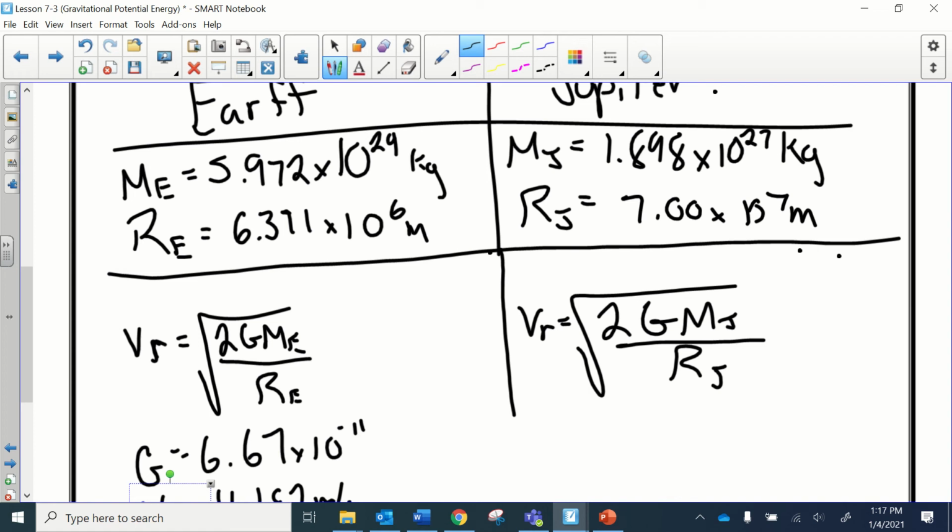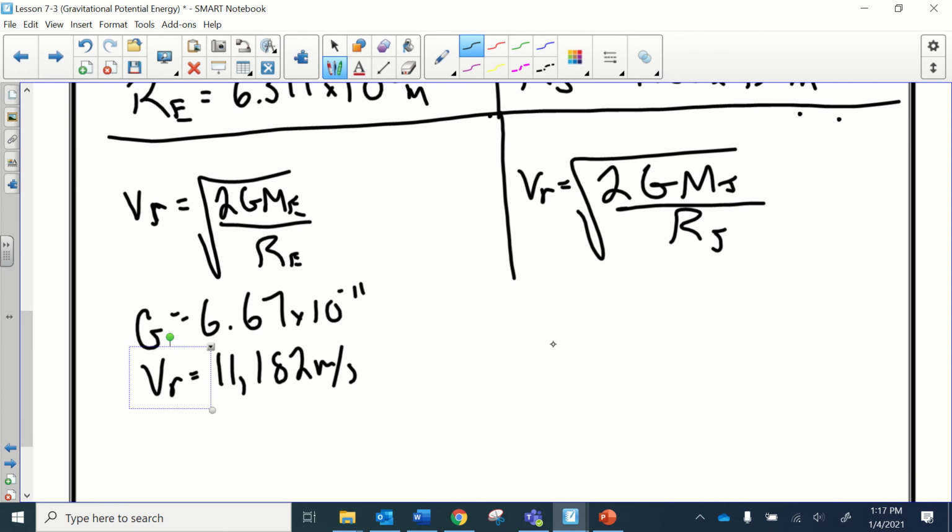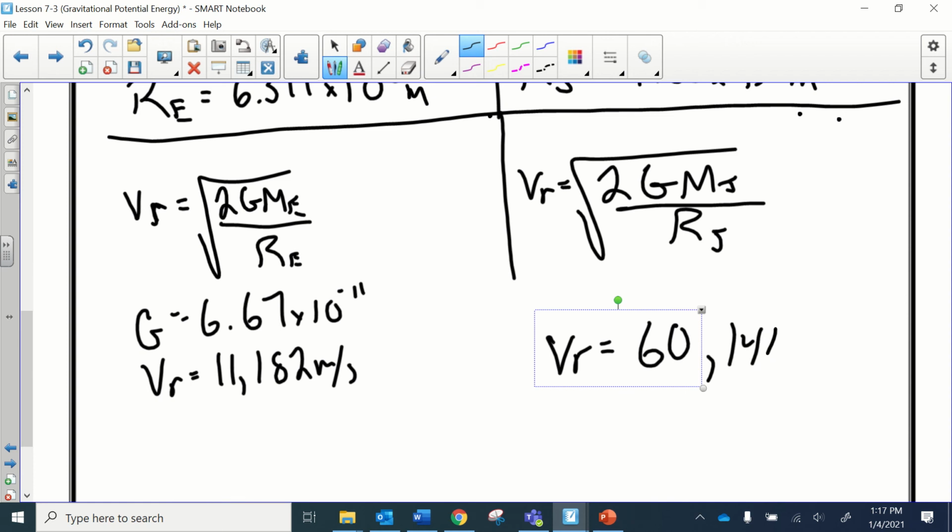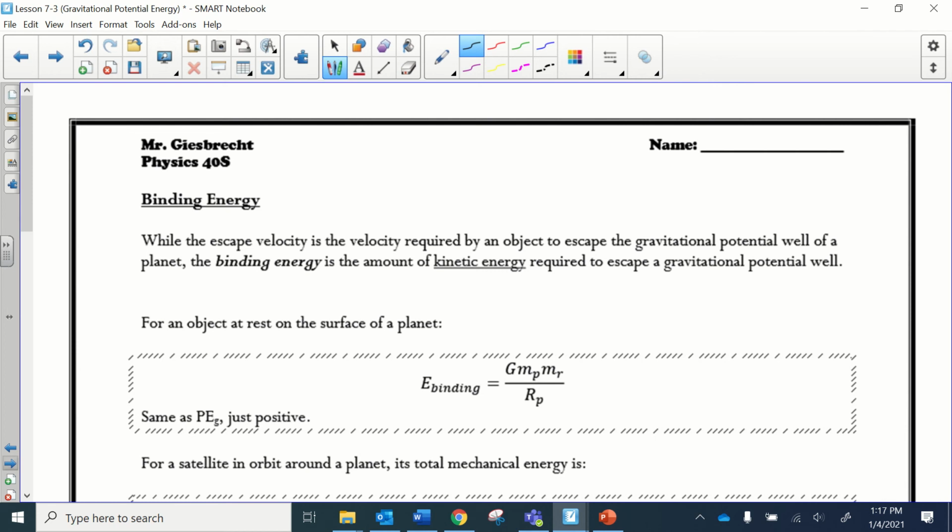And I'm going to take the square root of that. It's got an escape velocity of 60141 meters per second. So Jupiter has a much bigger escape velocity. I'm trying to get through this. I don't want to be crunched on time.